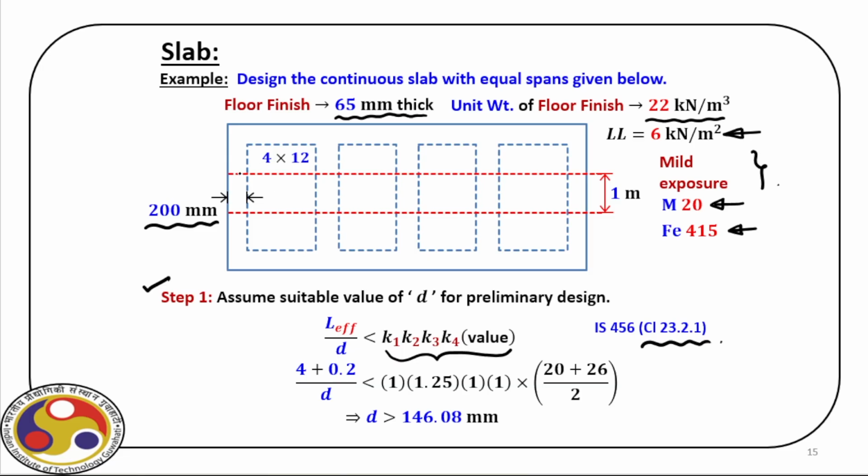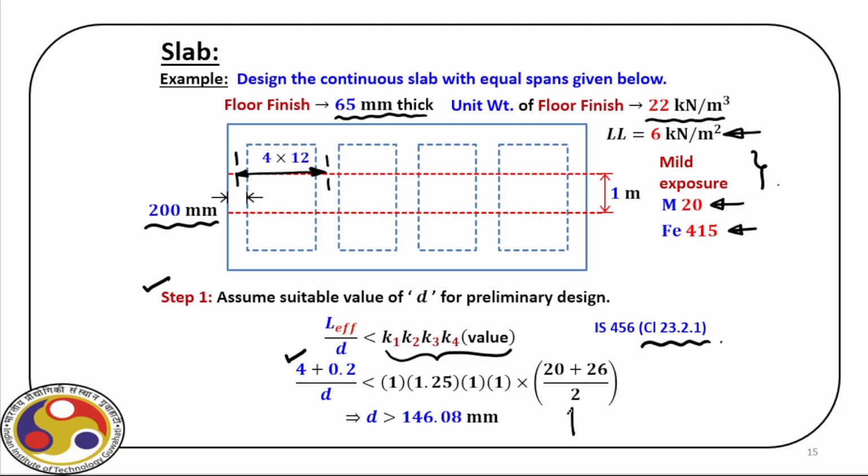So for these spans, the center line between the two supports defines the effective span length, which is 4 plus half the width times twice, so it is 0.2, divided by d, should be less than this K1, K2, K3, K4 times the value.